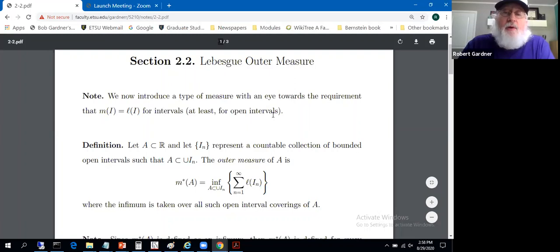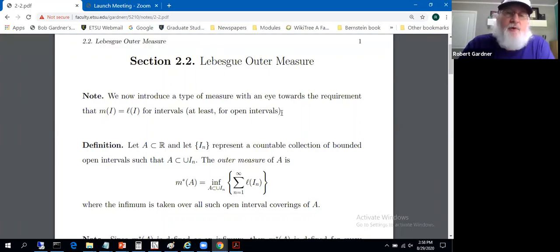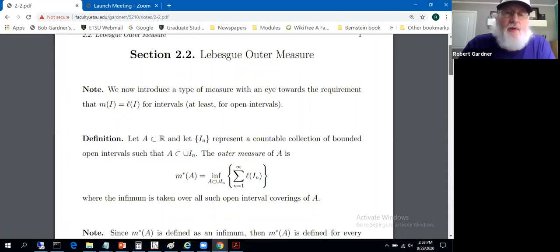And we'll show this holds for all intervals, open, closed, or whatever. The definition very much takes inspiration from measuring open intervals by their lengths.